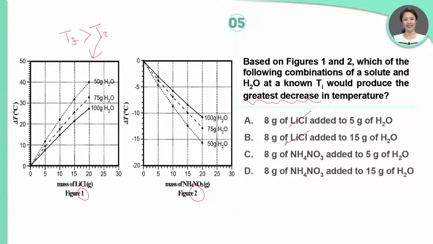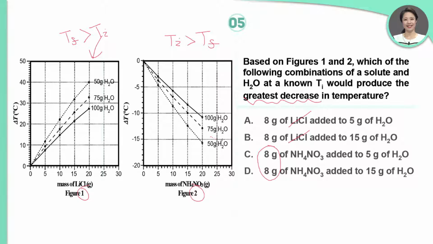So figure 1 is not the answer. LiCl should not be the answer. Here, in figure 2, delta T is negative. That means T initial is higher than T final. So for the greatest decrease, we have the same grams of NH4NO3, but added to what grams of water?